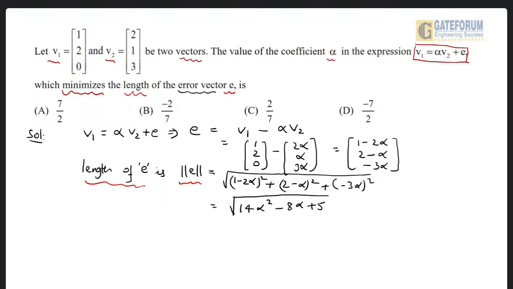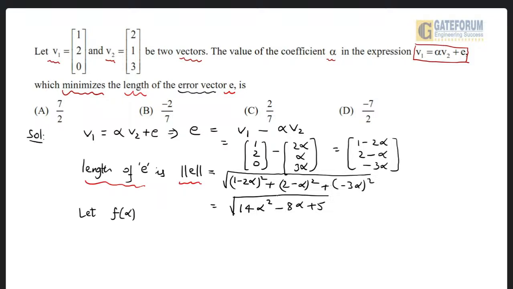Now to minimize the length of the vector, generally in maxima minima, whenever there is a square root, try to convert it into the square of that expression. When the square of that function is minimum, then that function is also minimum generally. So now I am taking a one variable function of alpha.